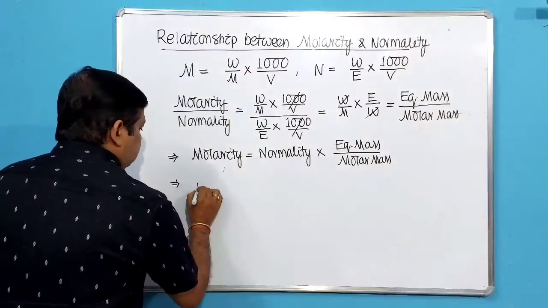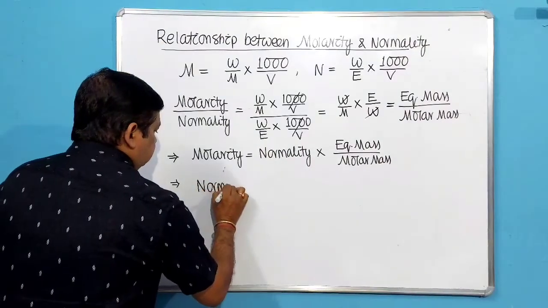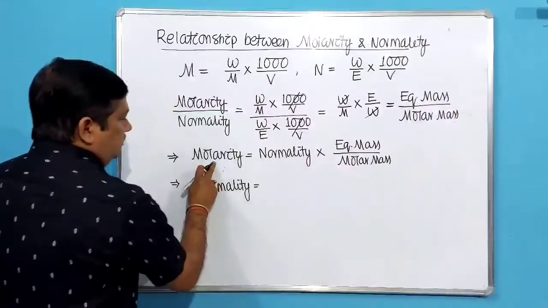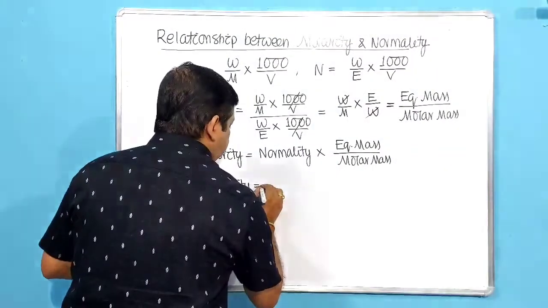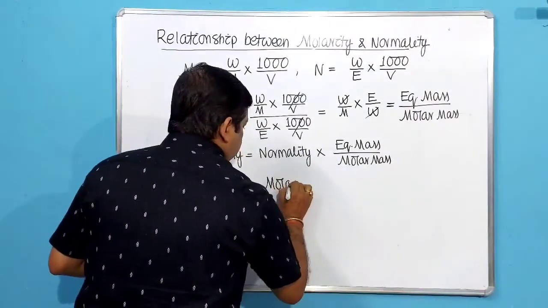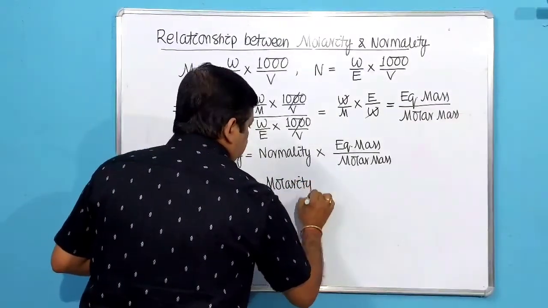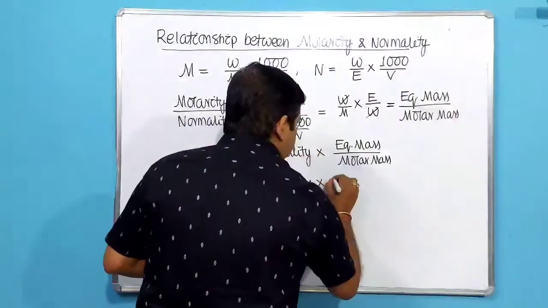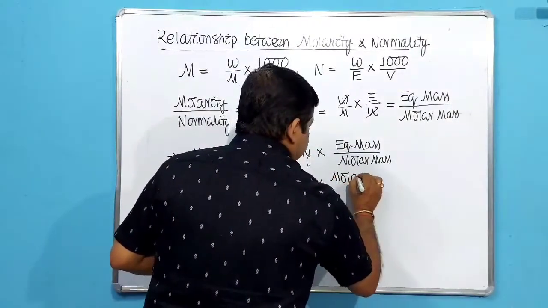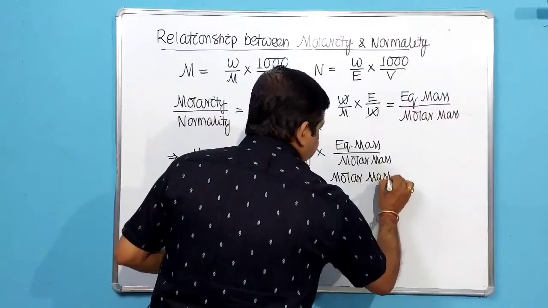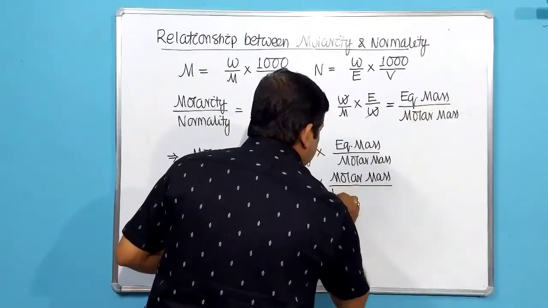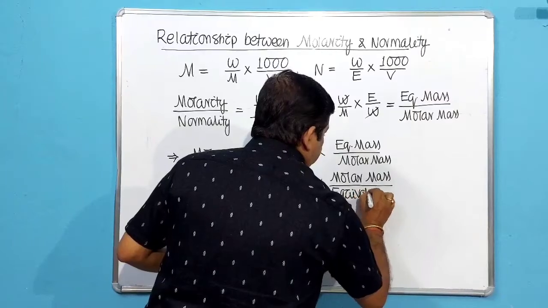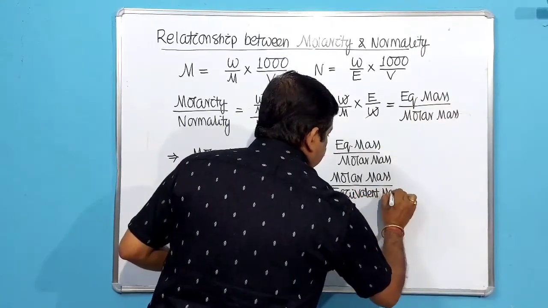That means normality will be equal to molarity into molar mass by equivalent mass, or molecular mass by equivalent mass.